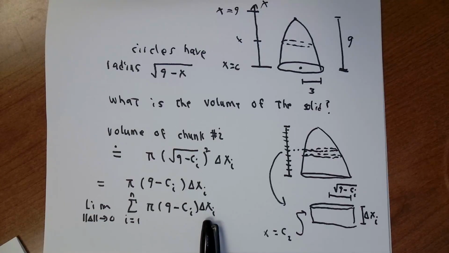Delta x sub i turns into dx, and in what remains, every place where I see the representative x value for chunk i, I stop writing c sub i and I start writing x instead. The only thing that remains is to specify the appropriate range of x values, which for us starts at x equals 0 and ends at x equals 9.